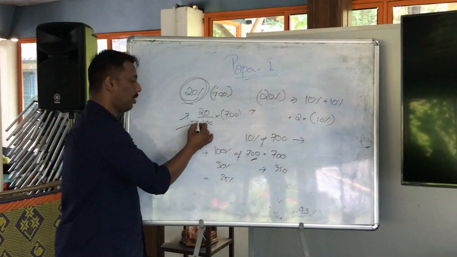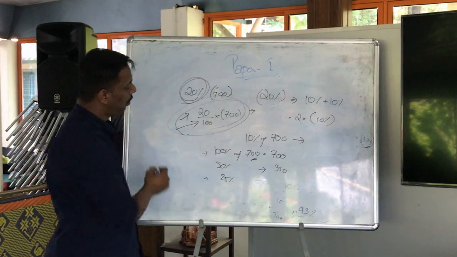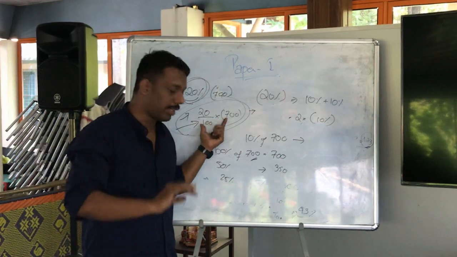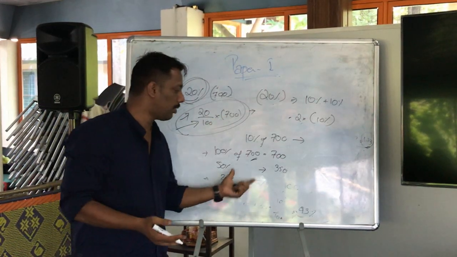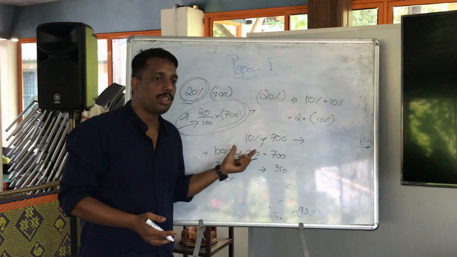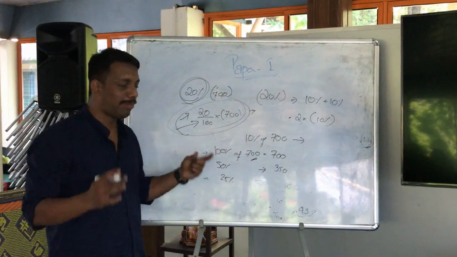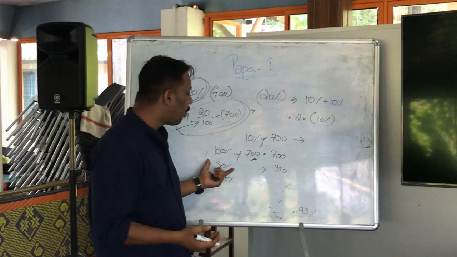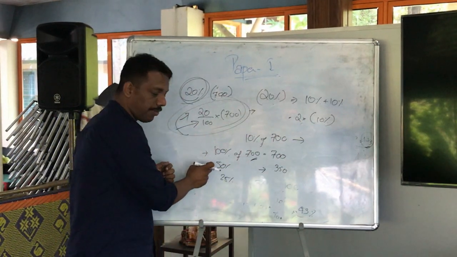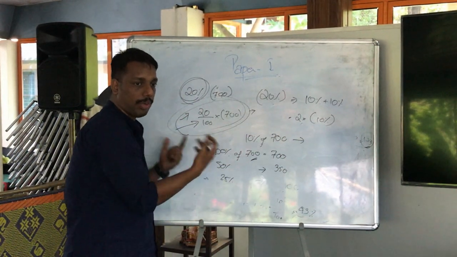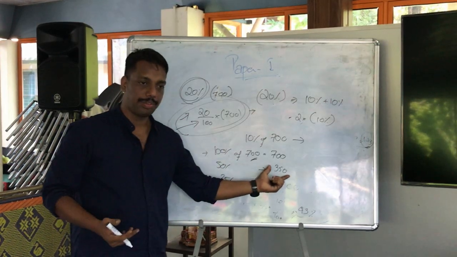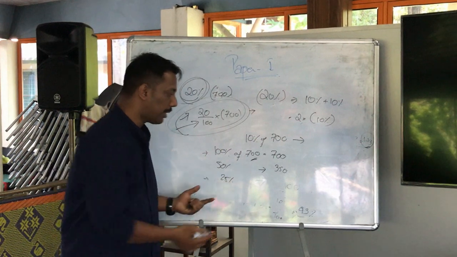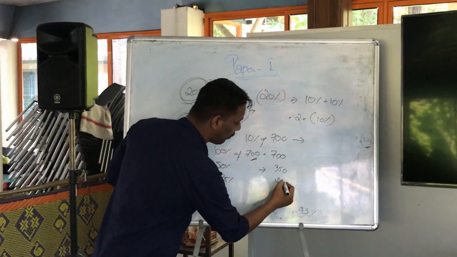Without going for this type of equation, you can directly find out the answer. 25% of a number means 1/4 of that number, or half of half, right? Half is 350. Then again take half. 25% means 175.